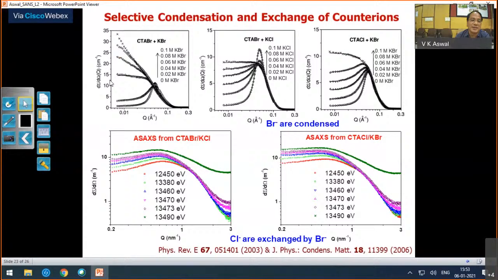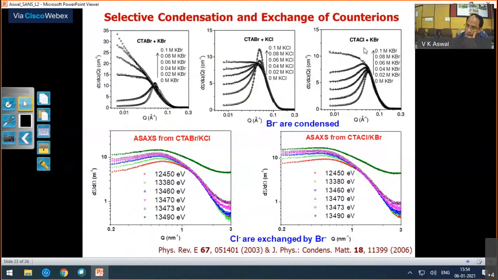This scattering buildup is because they form very large structures. While in the case of chloride, nothing happens, because although their bare size is smaller than the bromide counterions, because of larger hydration of these chloride counterions, they are much bigger in size. In that case, they are not able to condense. So you don't have a strong buildup of scattering intensity as seen in the case of bromide counterions.